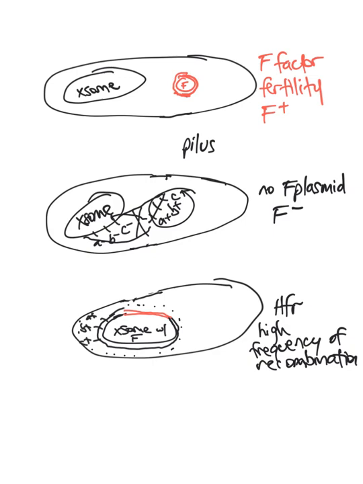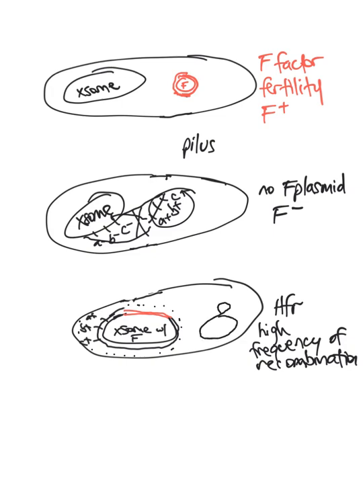Now, another thing that we often see is in an Hfr cell, the F factor is incorporated into the chromosome, but it can also recombine out of the chromosome, okay? So if we get, like, the chromosome just kind of folds over on itself, right?